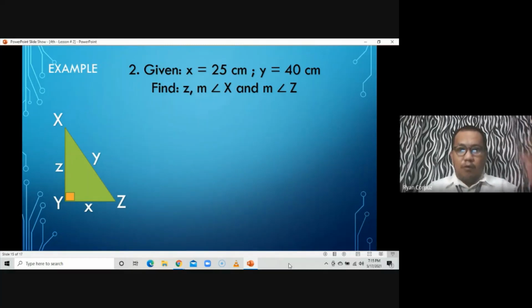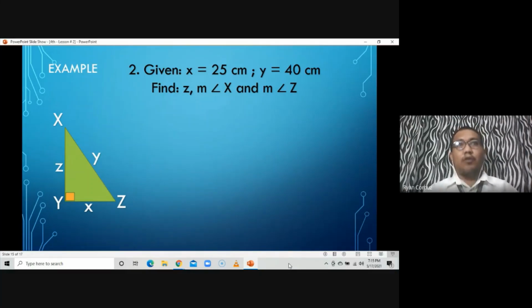So going back to our discussion about right triangle, we have discussed there yung tinatawag natin Pythagorean theorem. Wherein, if you do have a given right triangle and the measure of two sides of the right triangle are given, we can find the third side by using the Pythagorean theorem.